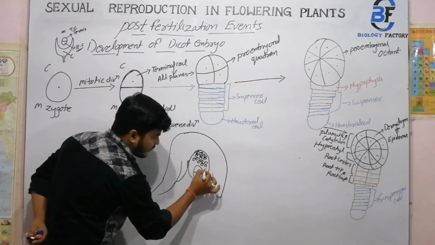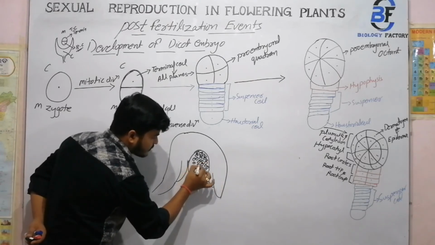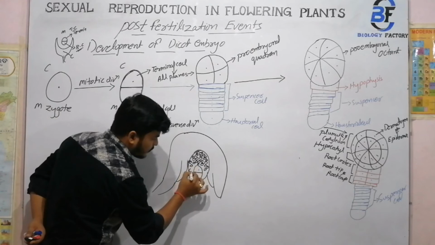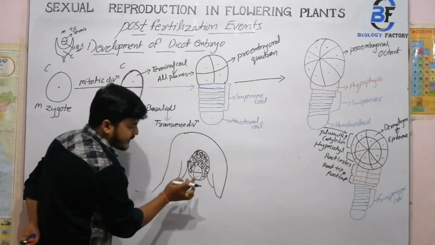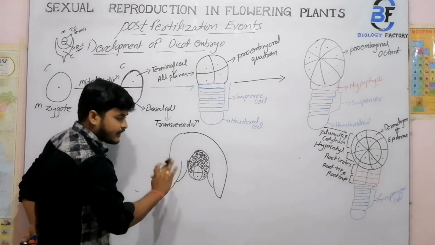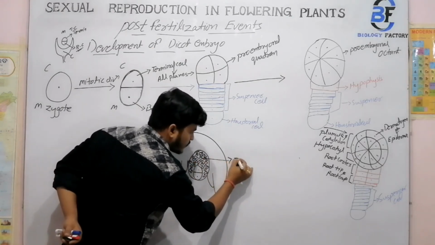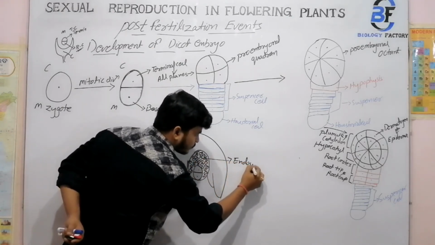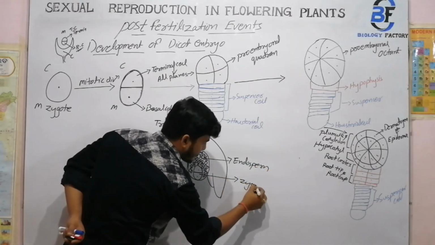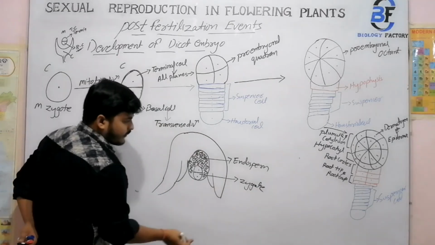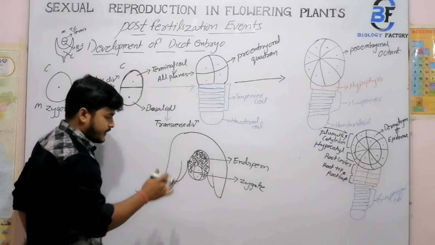As I told you, everything that happens in nature happens for a purpose. At the time of formation of this zygote, its food is already ready. That means the endosperm is already formed. So at the time the zygote is ready, the endosperm is also ready.